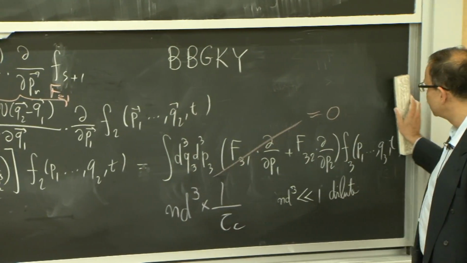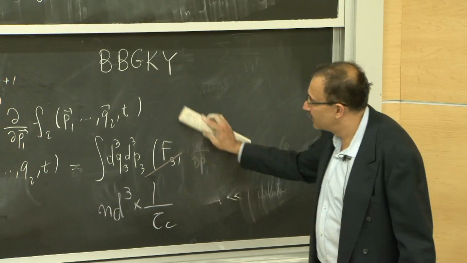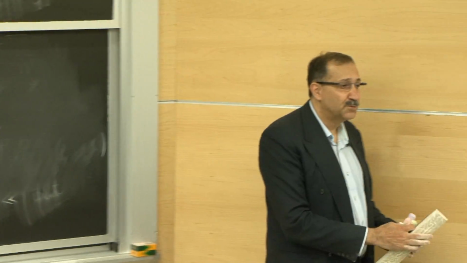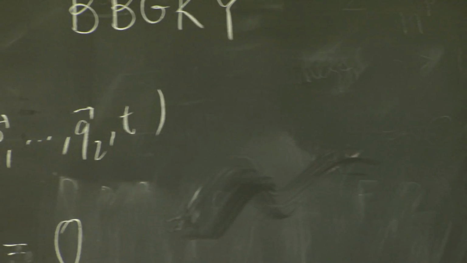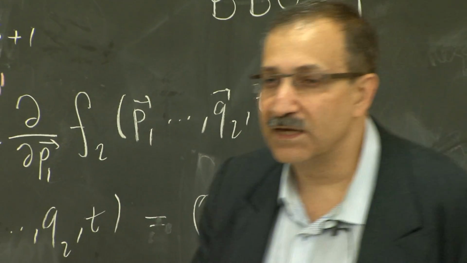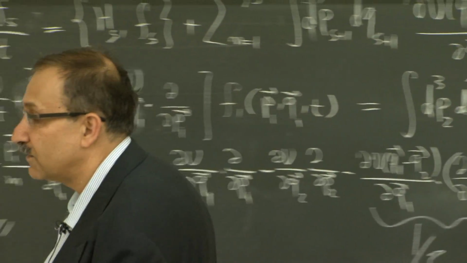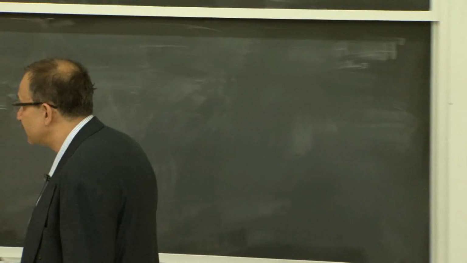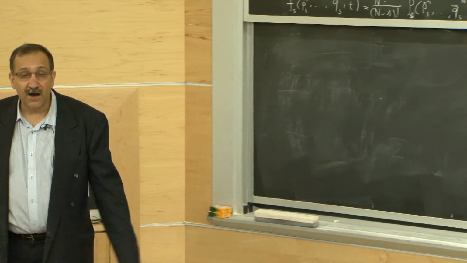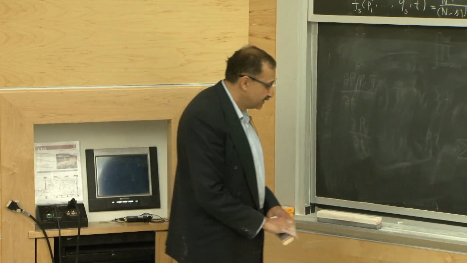We want to describe properties of a few particles in the system. Densities that describe only, say, one particle by itself we found was not enough, but I can terminate the equations, and with one particle density and two particle density, I should have an appropriate description of how the system evolves.